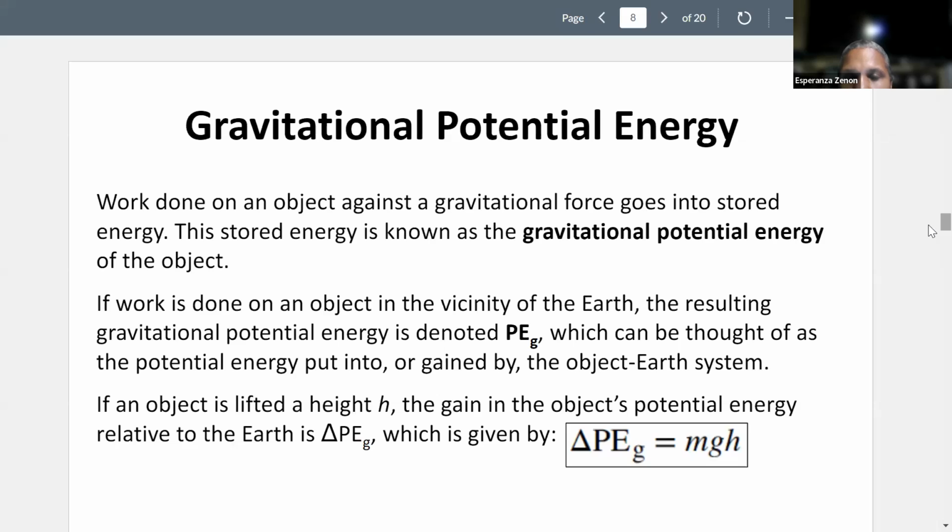That stored energy based on height is called gravitational potential energy. The way we find that is mass times gravity times height. Now they say delta, but typically we start from zero height on the ground. So the starting potential energy is 0. So in that case, we just talk about mgh.